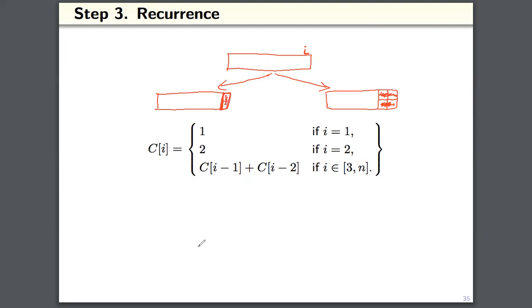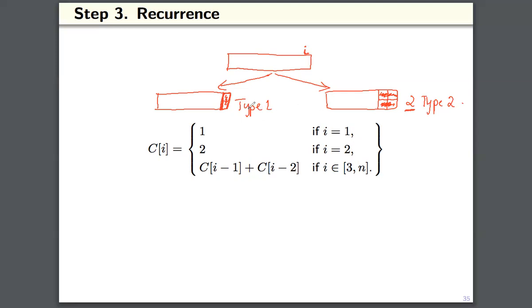Do you agree? This is a type 1 tile. Here you have used two type 2 tiles, horizontal tiles, but this vertical tile, you have only used one such vertical tile. Make sense?